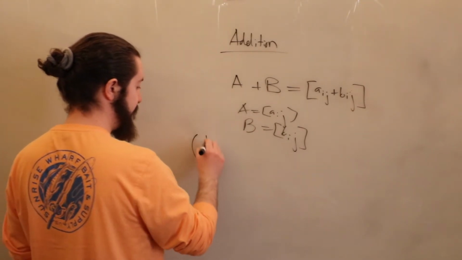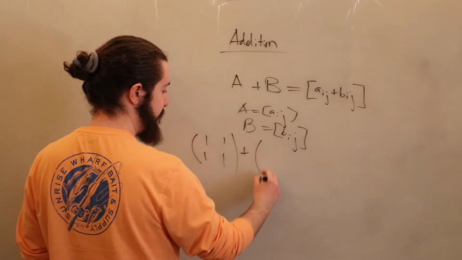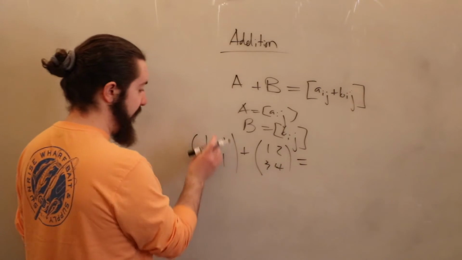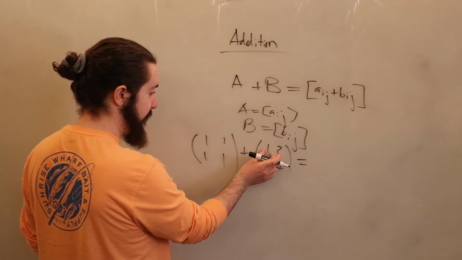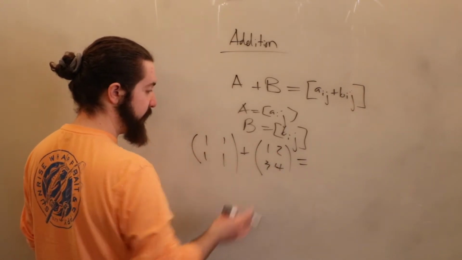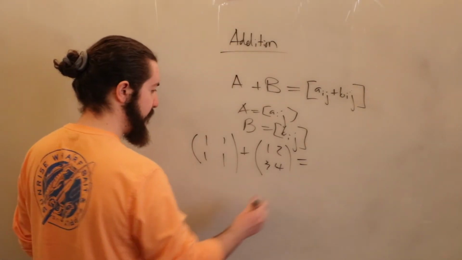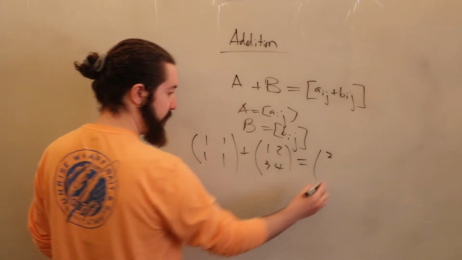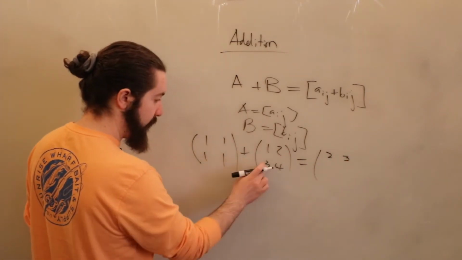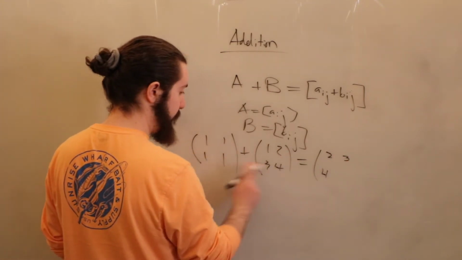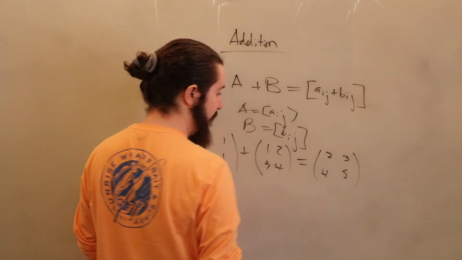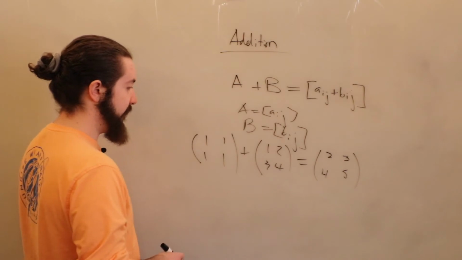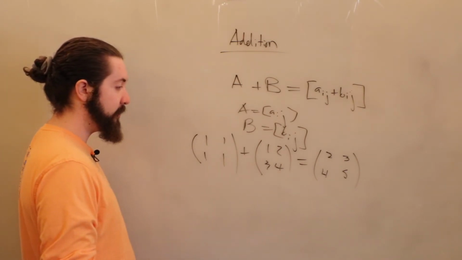As an example, let's do [1, 1; 1, 1] plus [1, 2; 3, 4]. So we add the 1 in this position to the 1 in that position. These are both 2 by 2 matrices, so we can do addition. And we'll get a 2 in that position. Then 1 plus 2 is going to be 3. 1 plus 3 is going to be 4. 1 plus 4 is going to be 5. So just element by element addition. Exactly how you'd think addition would work for matrices.